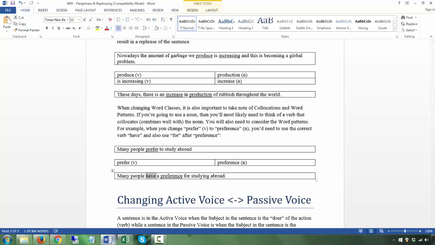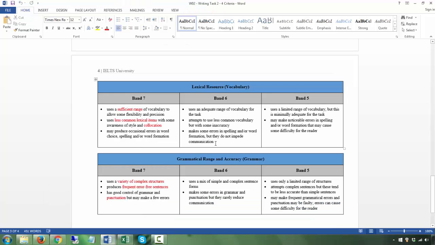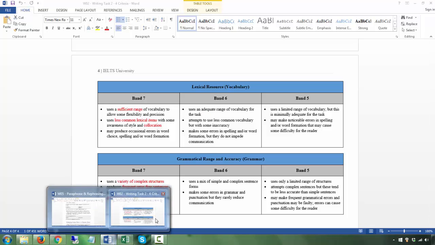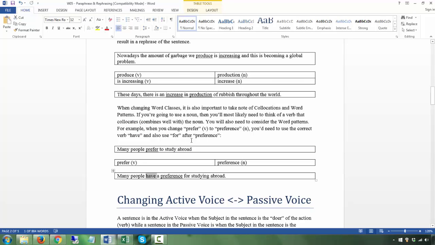And by the way, that's what examiners look out for also. So this technical term is actually important in terms of your IELTS, because it's one thing that examiners look out for. A collocation is just a word that goes together with another word. Here you need the correct verb, so if you change it to a noun, you have to think of what verb to use.